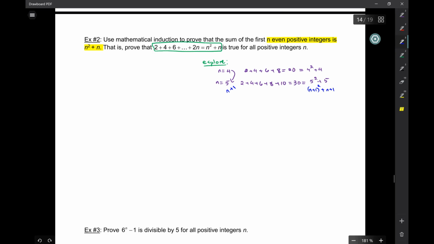If I had to rank the three most important things, this step is one of them. So make sure you know how to relate. If this is n squared plus n, then that is n plus 1 squared plus n plus 1. So now my answer has to look like that. Or, if you like, k plus 1 squared plus k plus 1. That is going to be my end goal, end game, if you like.